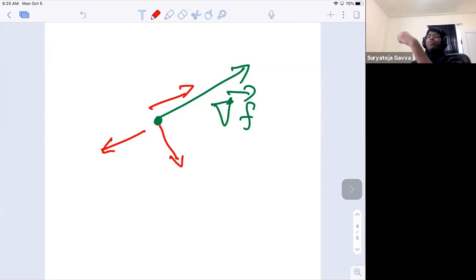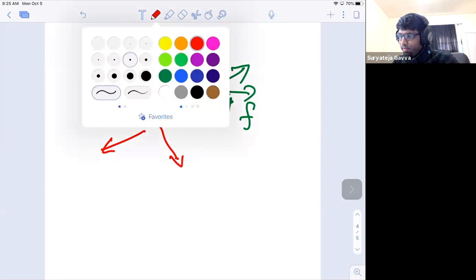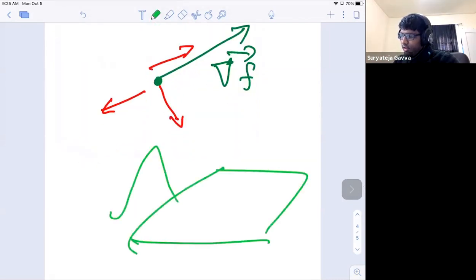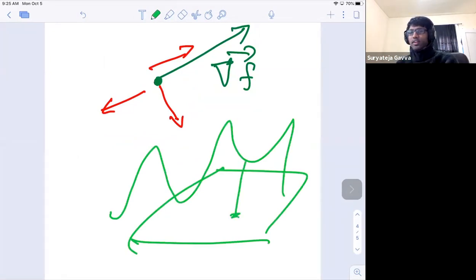Okay, so how is that useful practically? For instance, imagine that f is the height of some hill. There's some terrain, some shape, and f represents the height of the surface at some point.